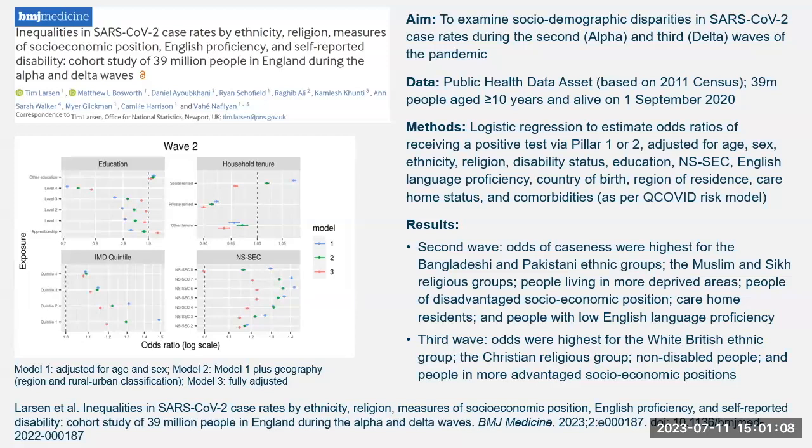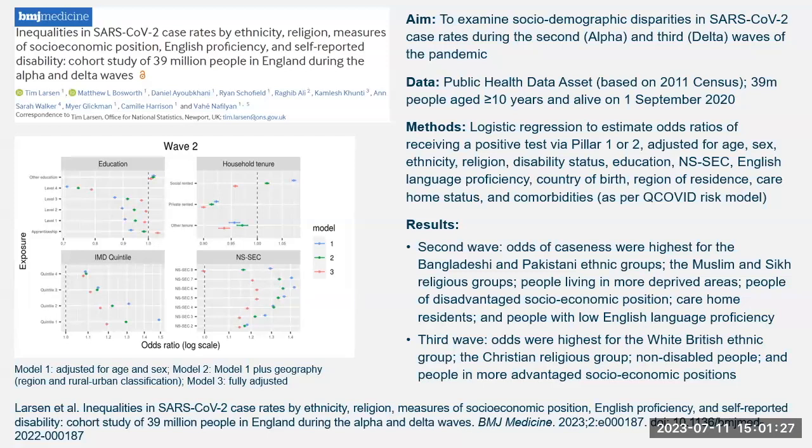So this was a study looking at social demographic inequalities in case rates according to Pillar 1 and 2 testing during the pandemic, during the second and third waves of the pandemic. So they've already talked about the public health data asset in the cohort.